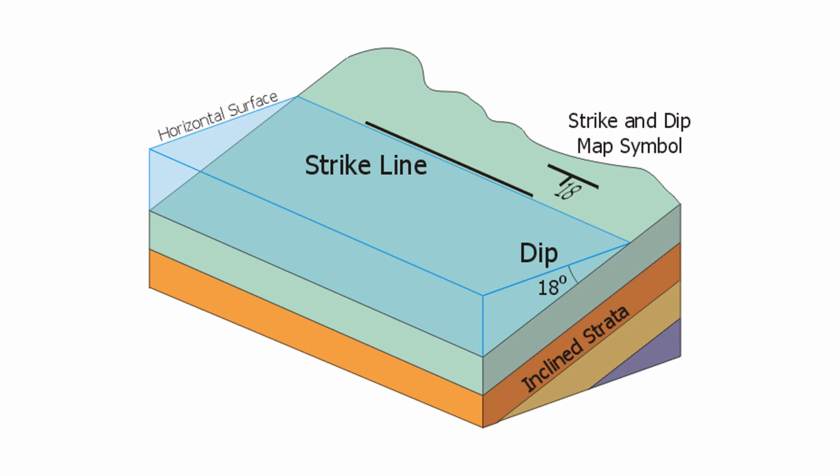The strike of a formation represents where that formation intersects with the horizon. It is also considered to represent the trend of the formation. The accompanying dip represents the direction in which the formation dips downward. There is often a number associated with the strike and dip symbol, as shown here. This number is the number of degrees down from the horizon that the formation is dipping.